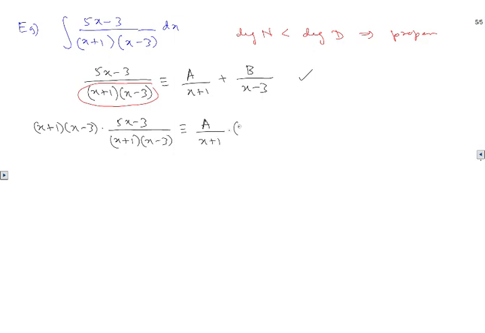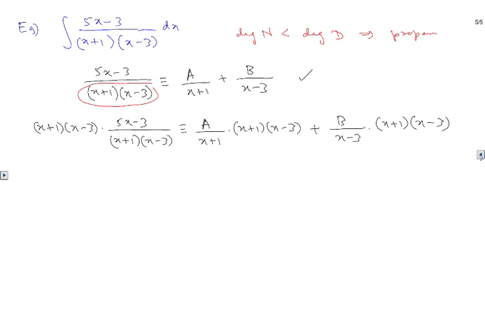Again you multiply the second term and do the same thing with the other term as well. Now see what's going to happen.